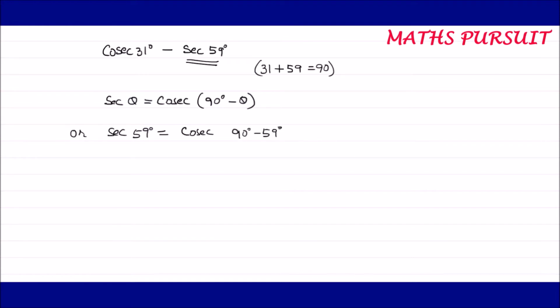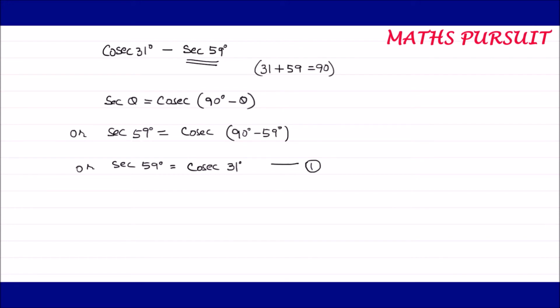I hope till here we are pretty clear. Or even I can write sec 59 degree is equal to cosec 90 minus 59. It is 31, so I can write cosec 31 degree. Let us name this as equation 1.